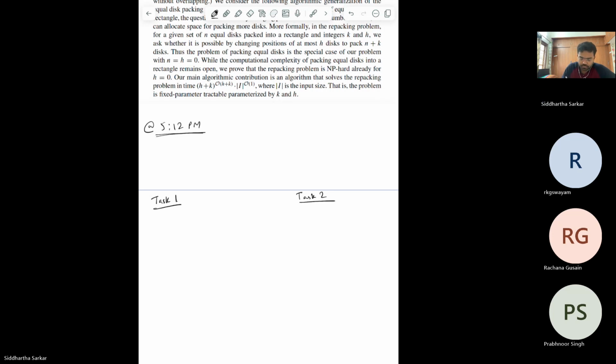So task one: you have a rectangle. The rectangle's position is given to you, so you know the coordinates of the bottom left corner and the coordinates of the top right corner. Essentially, you know the length and breadth of the rectangle.